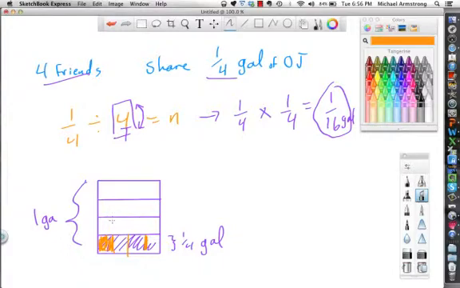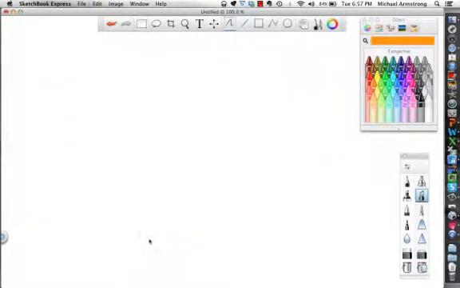If we were to cut each of these fourths into 4 like this, then that would be 1, 2, 3, 4, 5, 6, 7, 8, 9, 10, 11, 12, 13, 14, 15, 16. That shows that there would be 16 pieces, and we only have one of them. So we can kind of see that that is 1/16, which is what we got using math. It's nice to see the picture happening around us too, though.